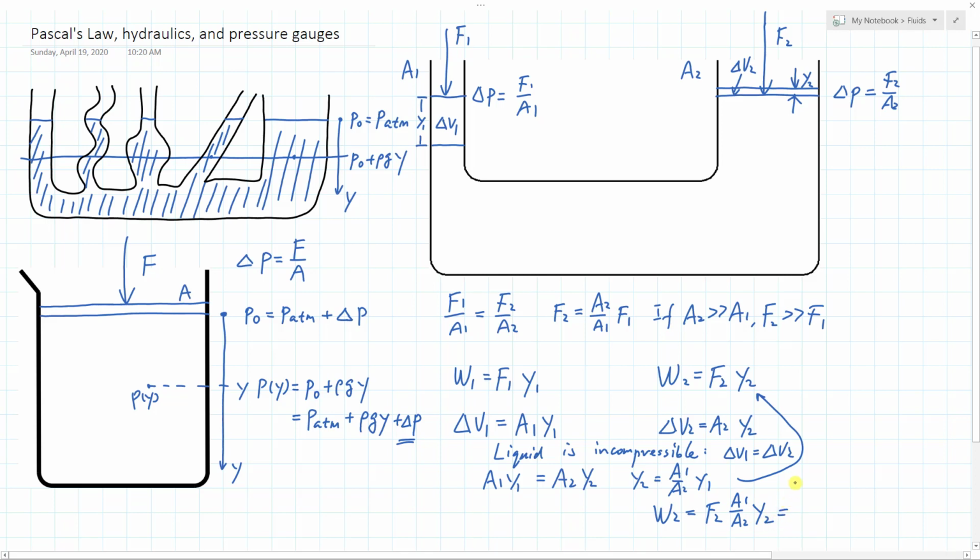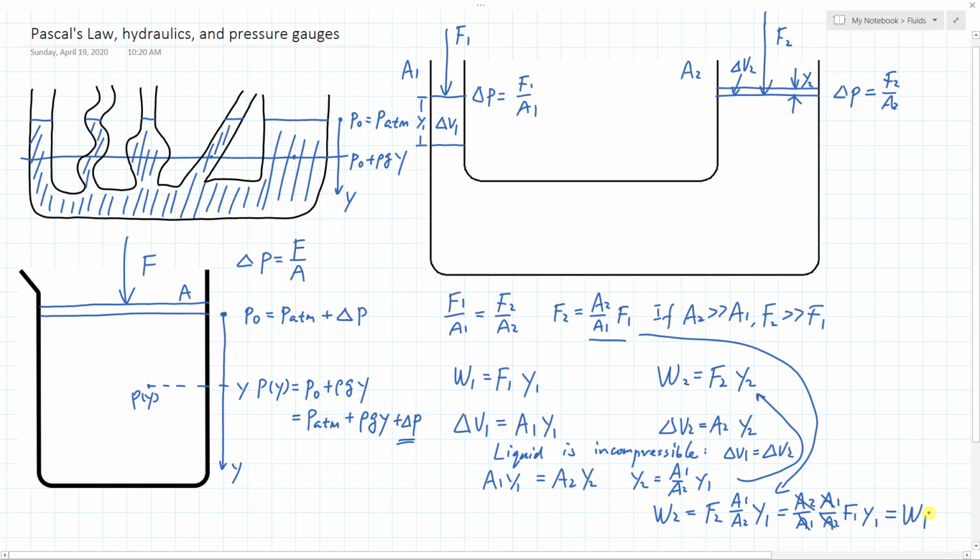And because of how F2 and F1 are related, we can plug this in, and we get A2 over A1 times A1 over A2 times F1 times Y1. I think this is a typo, that should be a 1. So we divide all these out, and it seems like work 2 is the same as work 1, right? So we conclude this is the same as work 1.